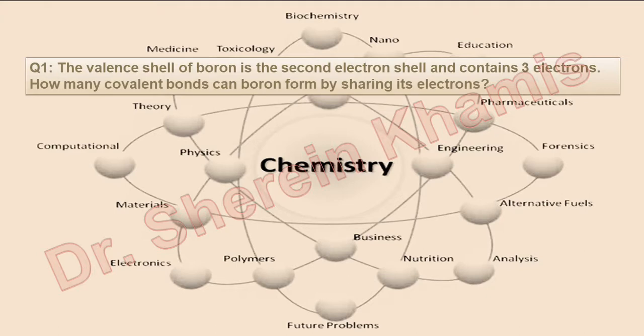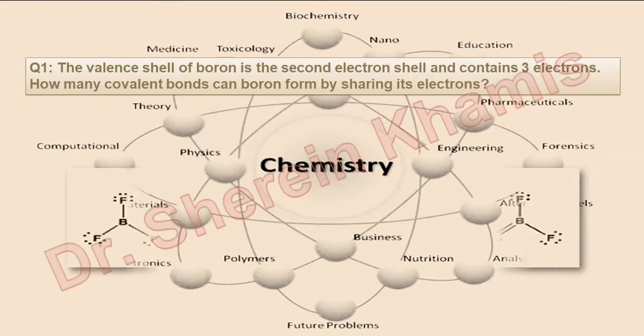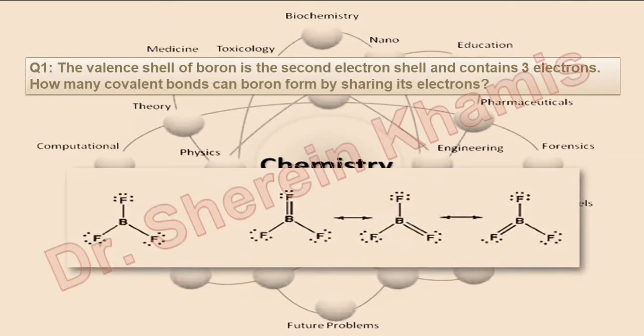If we discuss the structure of boron as an element, we have 3 electrons in the valence shell, and it is the second shell. If we want to make the Lewis dot diagram for it, or know how many covalent bonds it will make, we have this example for boron with 3 atoms of fluorine, so the molecule formed here is boron trifluoride.